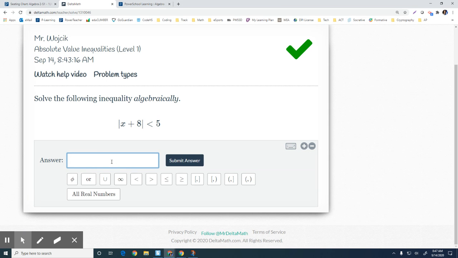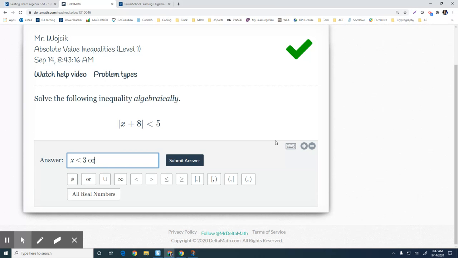So if you said x is less than 3 or x is greater than 5, because you can't have a number that's smaller than 3 and bigger than 5, it doesn't exist, I can type in or, or I can use this U, this union symbol. So it's up to you. Probably the or is easier. Less than 3, and you can just type the word or. You don't have to click on that button either, to make it easy.